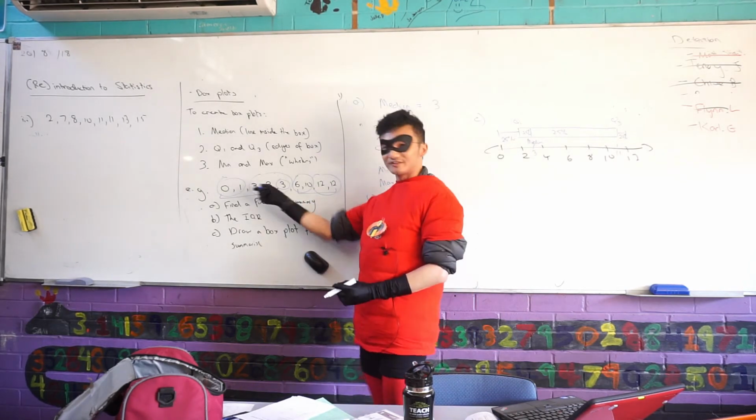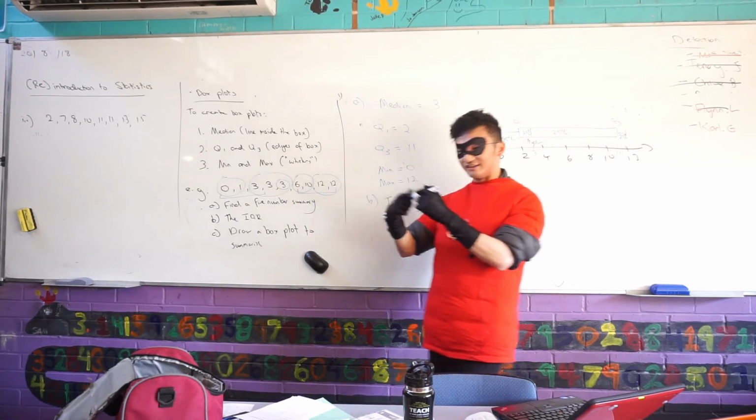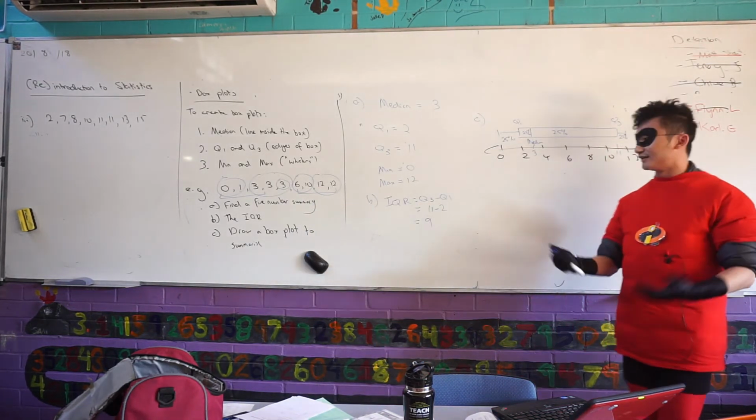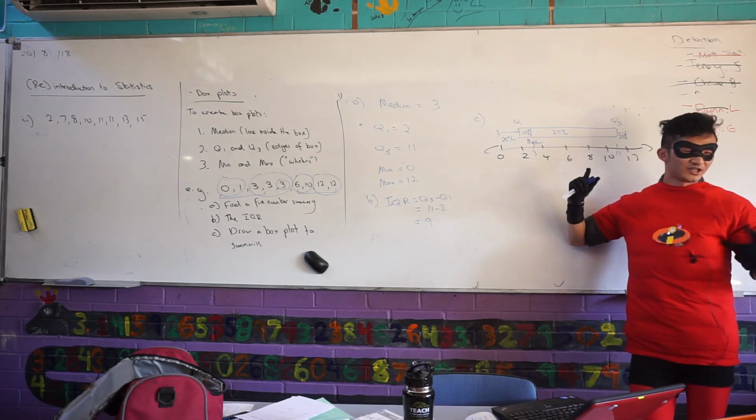So you can see, because this data set isn't divisible by 4, I've got one extra one there. But the whole idea is, I'm trying to see how I split up my data set into 4 equal groups, and that box plot is just a visual representation of that. Okay? Any questions about that?